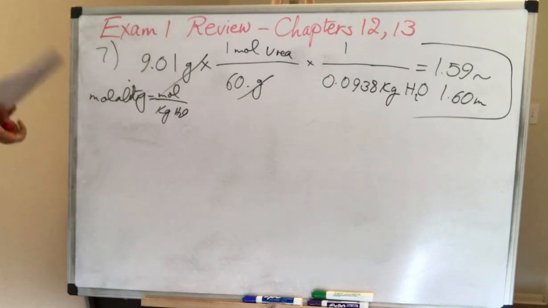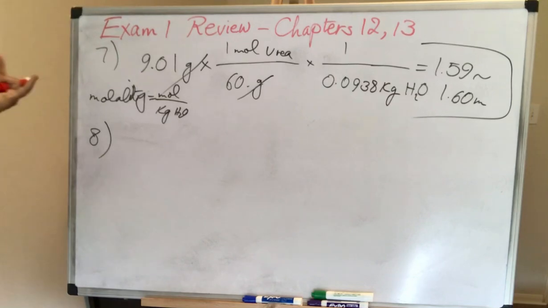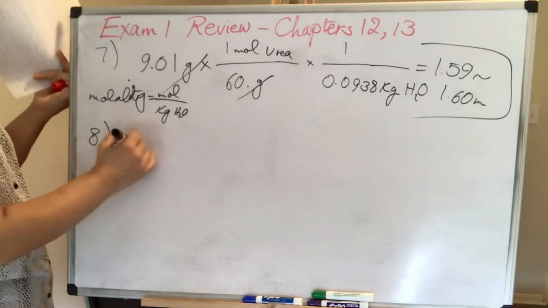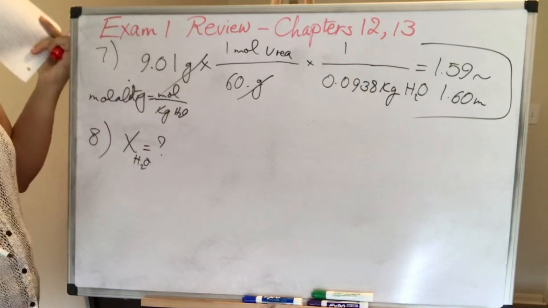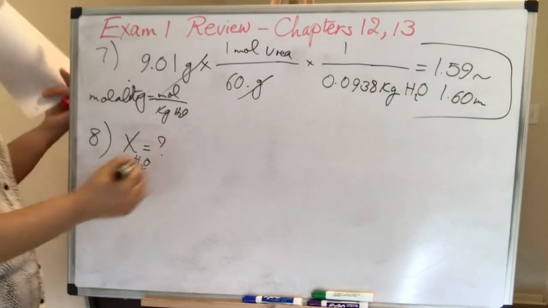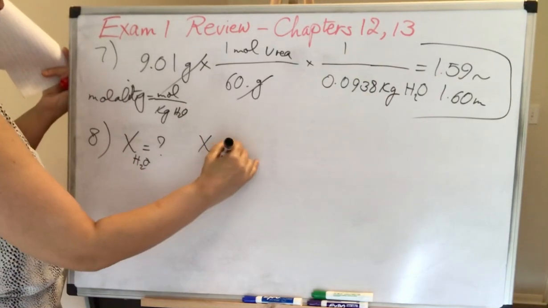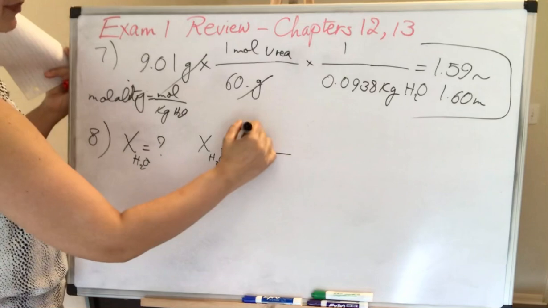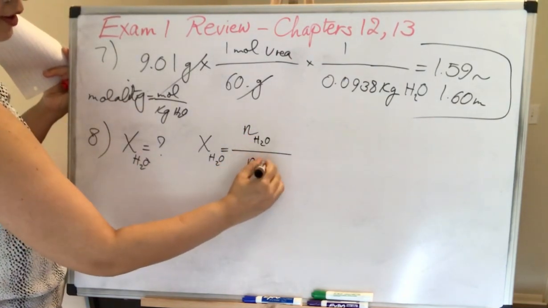Question number 8. What is the mole fraction of water, shown as X of water, in a solution that contains 0.8 moles of ethanol and 1.6 moles of water? So how do you find the mole fraction of water? By the number of moles of water divided by total moles.